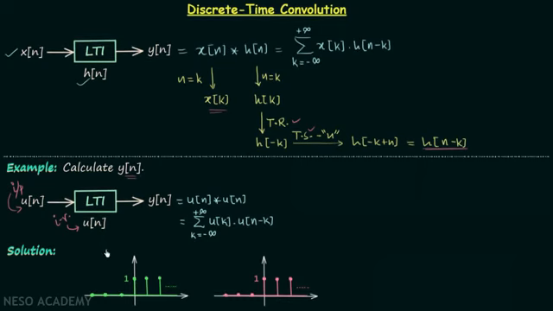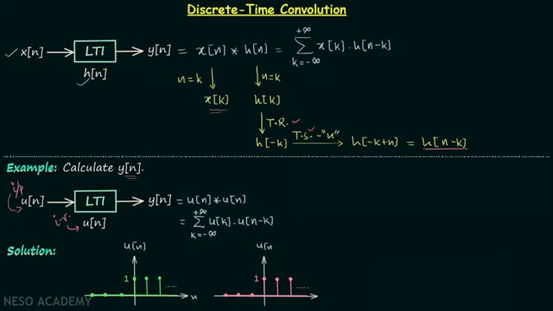We have the unit step sequence as the input to the LTI system, and the unit step sequence as the impulse response of the LTI system. We replace variable n by a dummy variable k, and both n and k are integers.